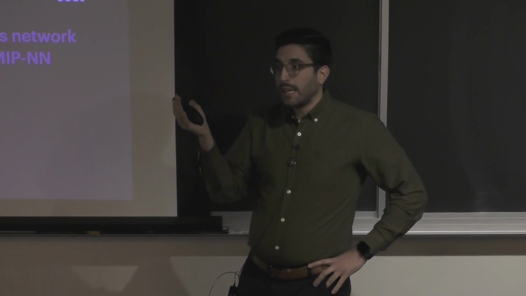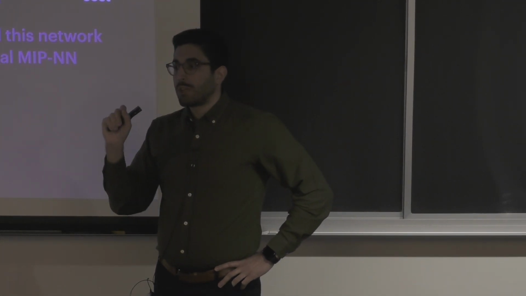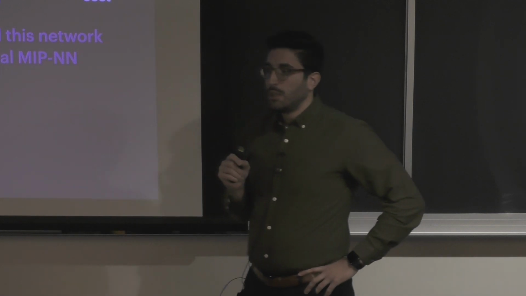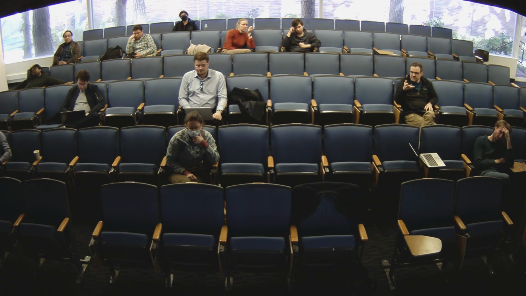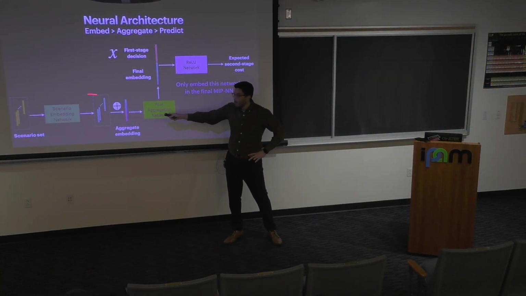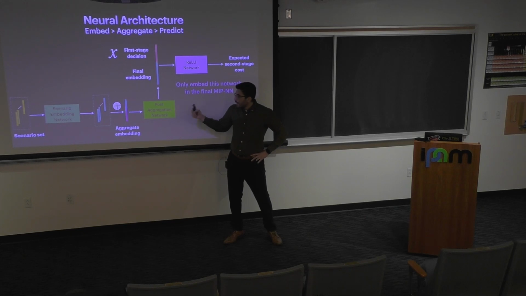Here you do exactly the same, but then you average the resulting values, because we're trying to predict the average value, not the per scenario value. But you average the resulting first stage decision? No, the first stage decision is the same. It's one first stage decision. That's why it's not here. It doesn't come into how you aggregate the scenarios, right? So this part is just producing some representation of a set of K scenarios, right?